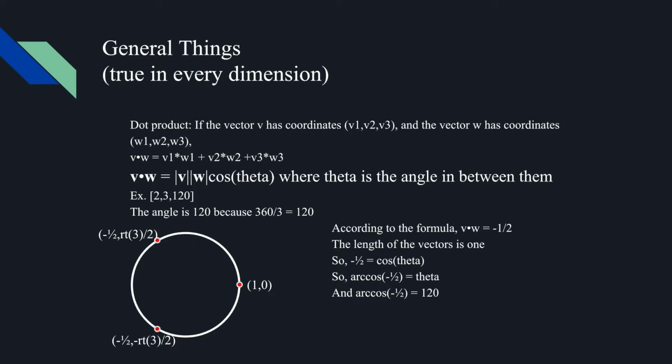They just go away because they're 1. So we get negative a half equals cosine theta, and arc cosine of negative a half equals theta, and arc cosine of negative a half is 120. So that proves this true. And that's just an example, actually.